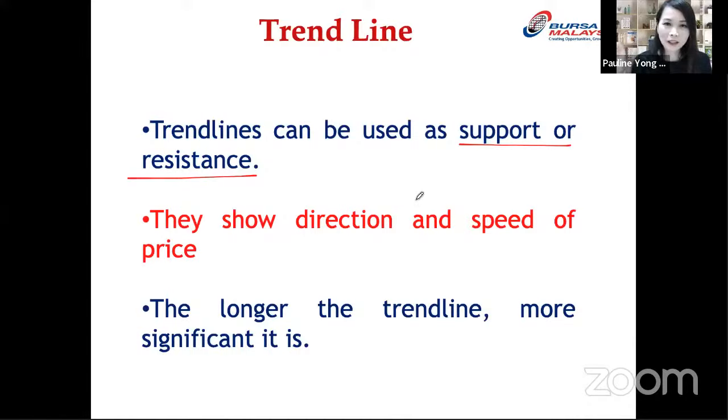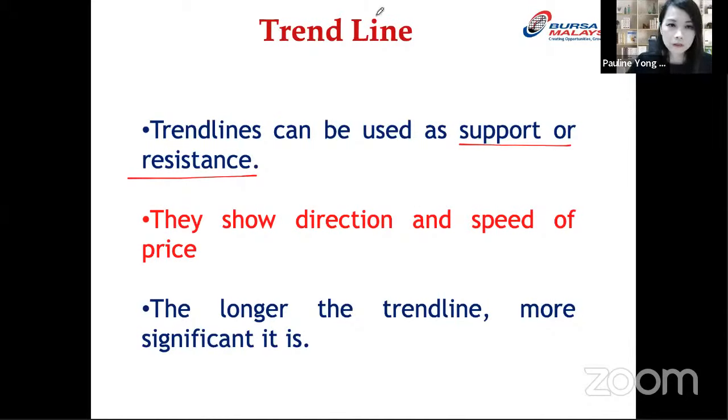TA is support and resistance. So if you look at this sentence, it means that whenever you are involved in trading based on technical analysis, you are always constantly looking for, where is my support? Where is my resistance? You have to do that.